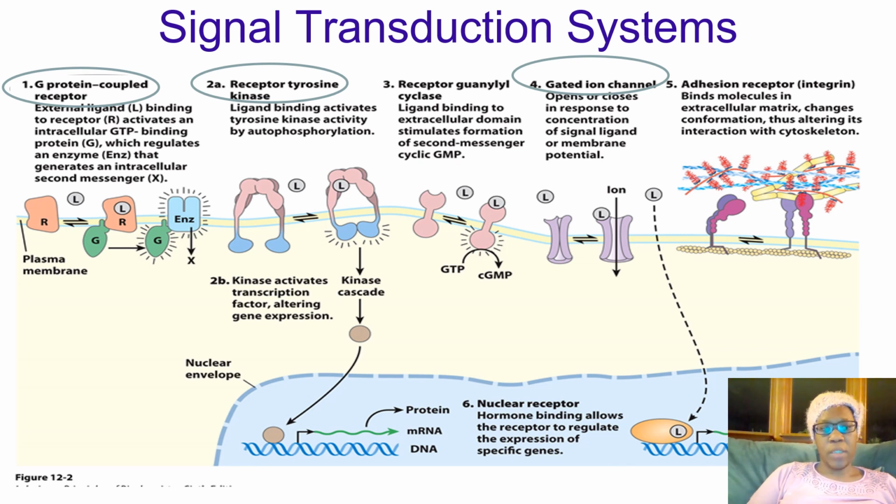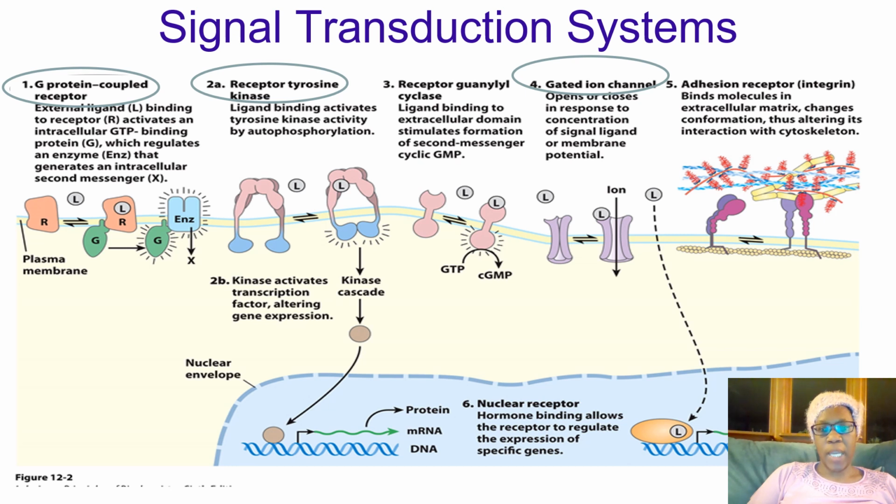The last objective and the last system we'll learn about is gated ion channels, where our channels open or close in response to concentration of signal, ligand, or membrane potential.